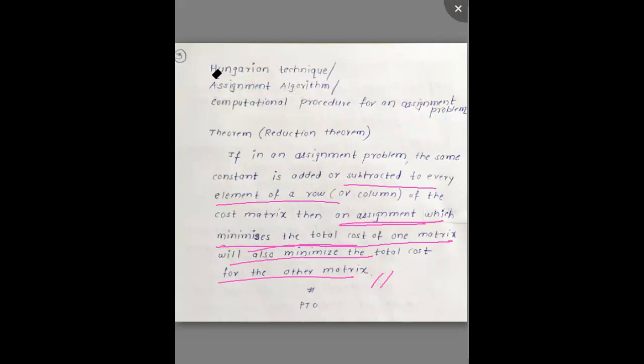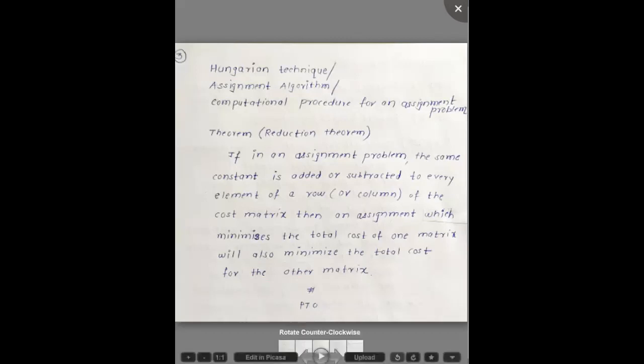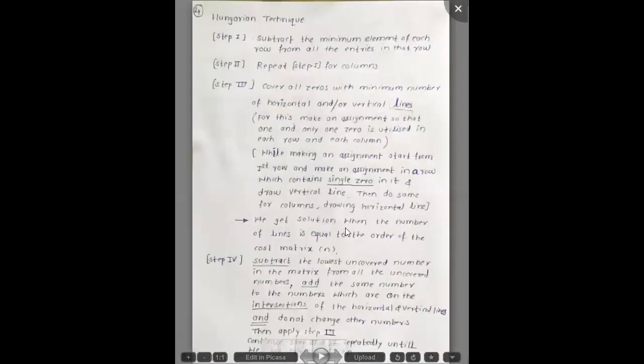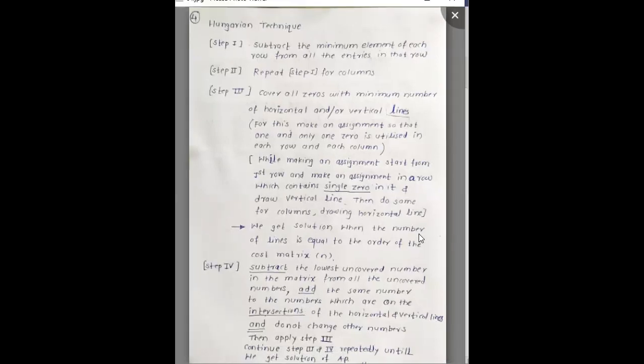So we can add a certain number to the rows of an assignment problem and we can subtract certain elements from the rows of an assignment problem. So we will see the procedure of finding the solution of an assignment problem.